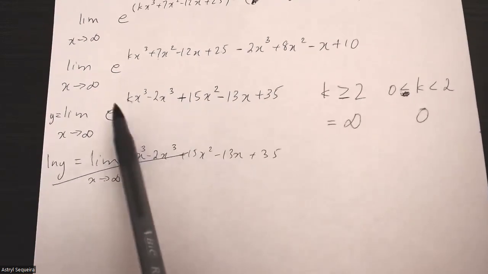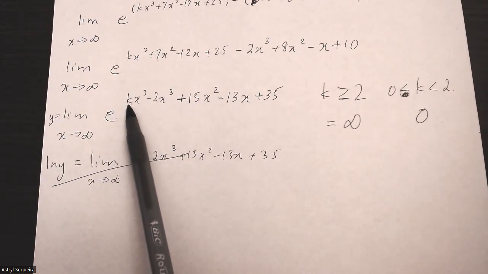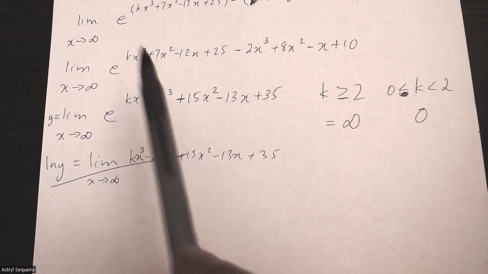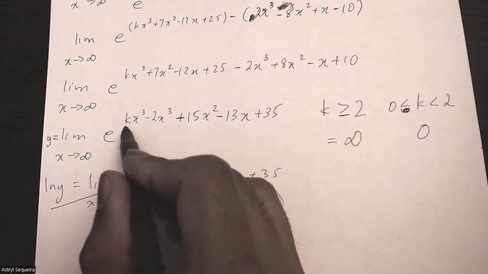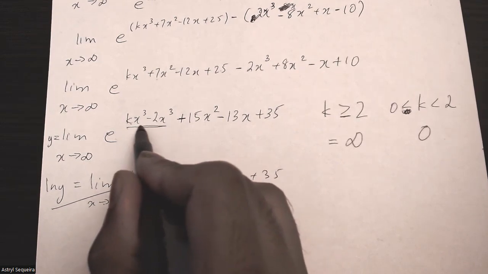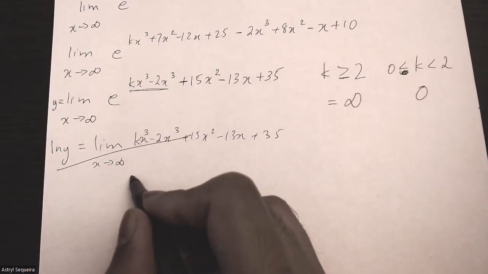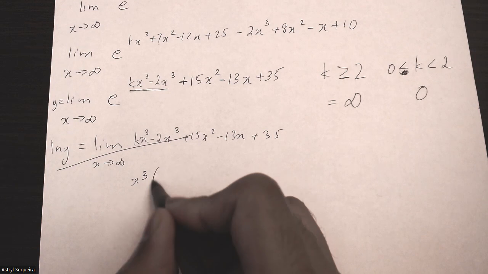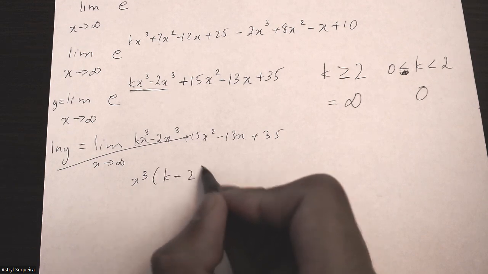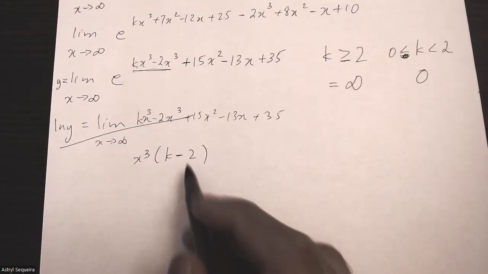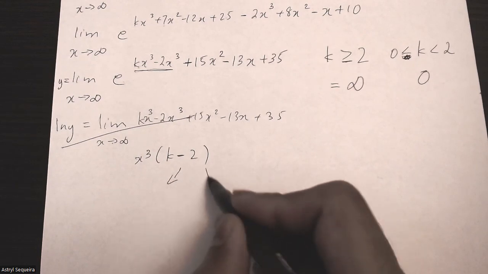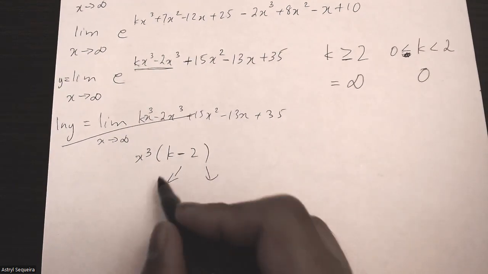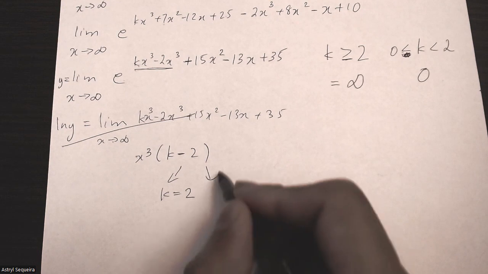Again, I just subbed in values of k between 0 and 2, and then values of k after 2, because you want to basically look at just this over here. And if you factor out an x cubed there, you'll get k minus 2. So we have to split the scenario into two different things based on k, because my solution for k is 2.